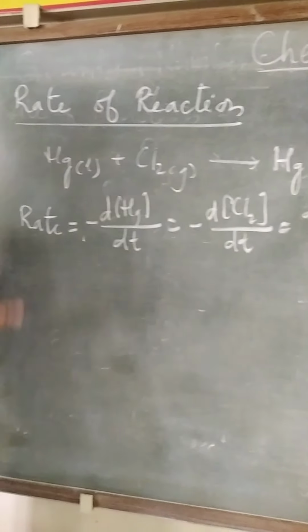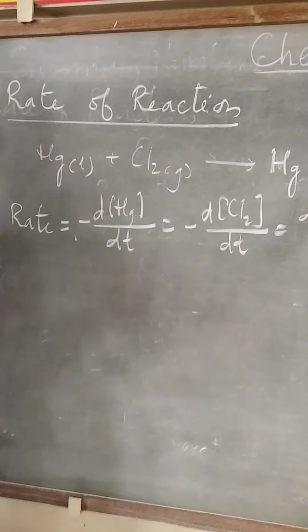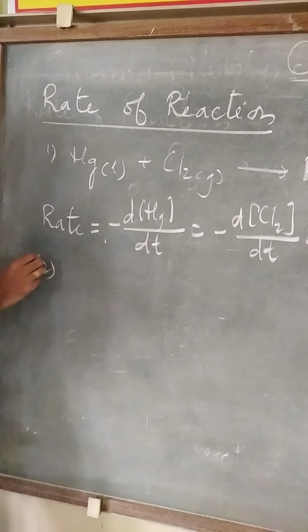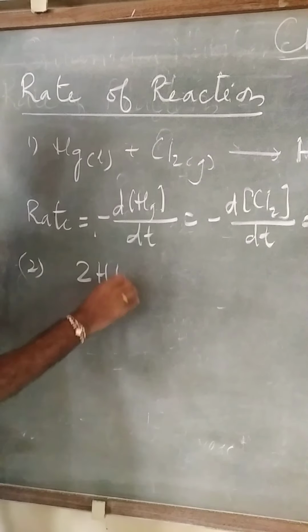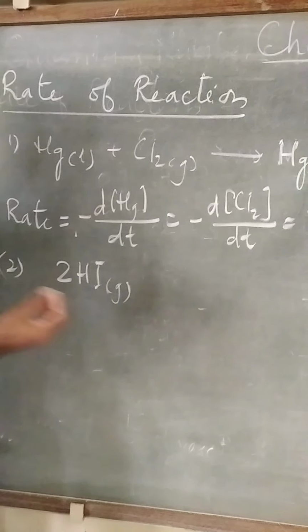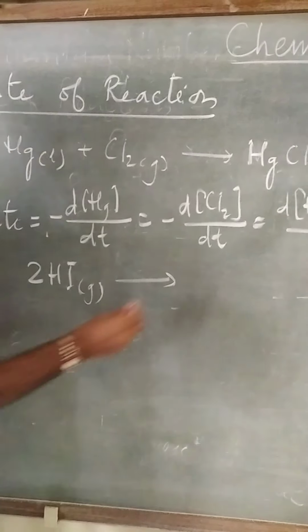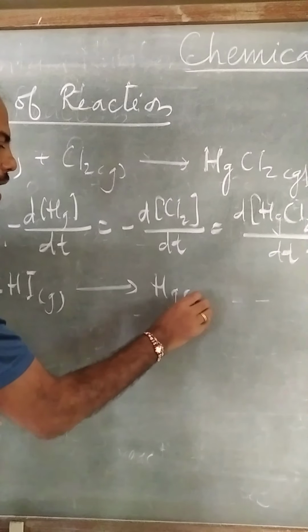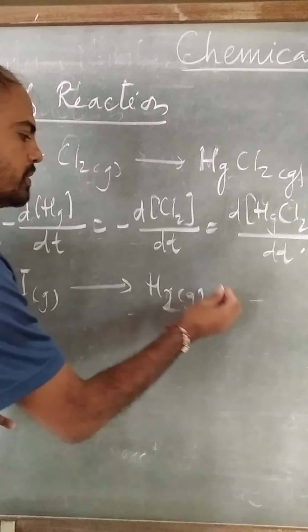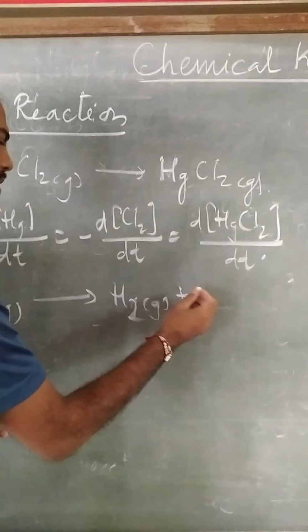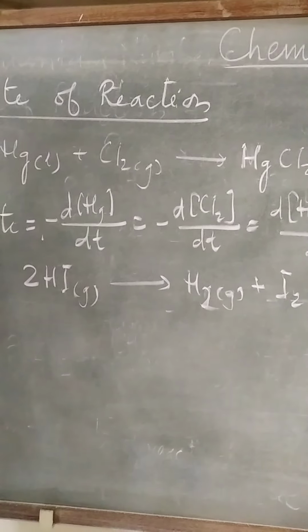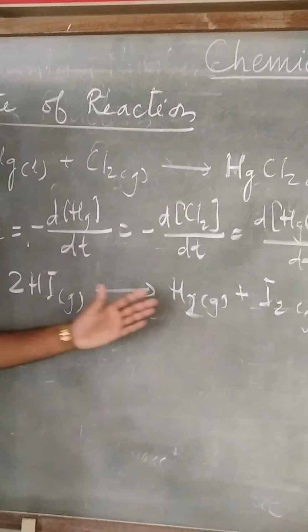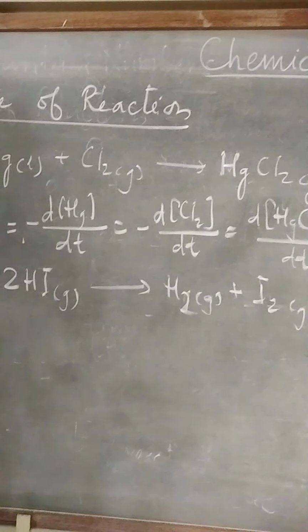But if the reaction is not in the stoichiometric ratio, for example the decomposition of hydrogen iodide gas, which forms hydrogen gas and iodine gas, the reactant and product are not in stoichiometric ratio.